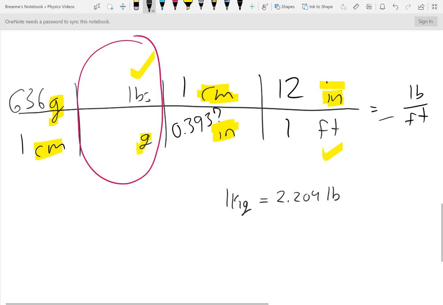So then you have to think, how many grams go into 1 kilogram? Hopefully you said 1,000. So that's where that comes from. So 1,000 goes here, and 2.204 goes there. Of course, then our answer is like 42 point something.